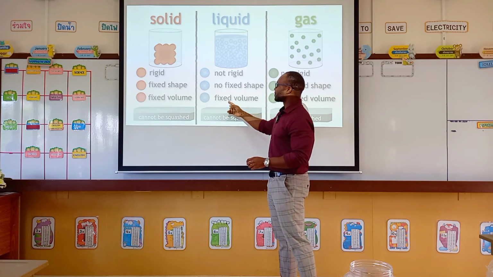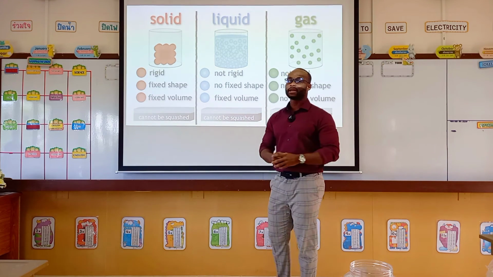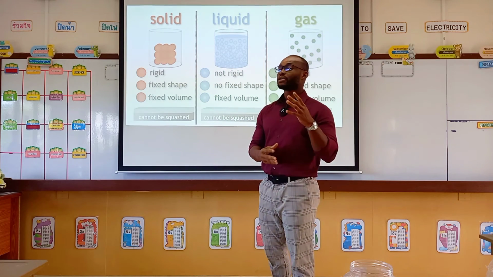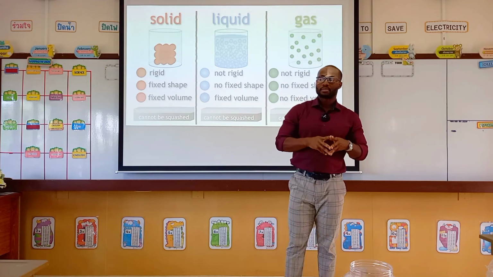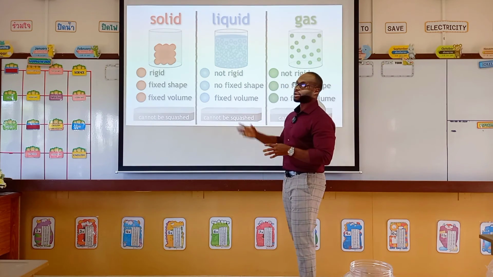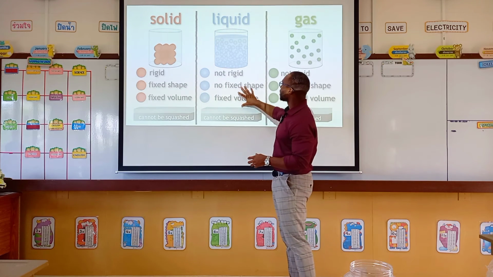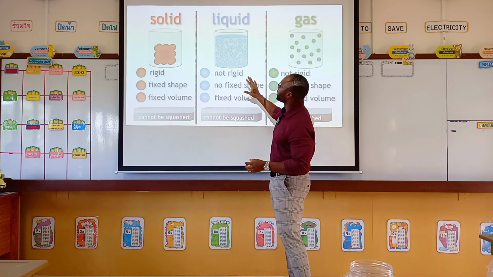Okay, it has a fixed volume. So if I pour in and I want to measure it, I can measure it in either cubic centimeters or milliliters or liters. Okay, all right, so this is about liquid.